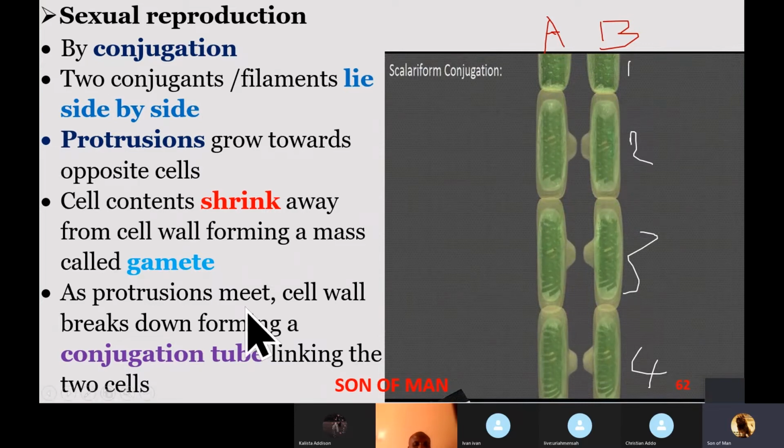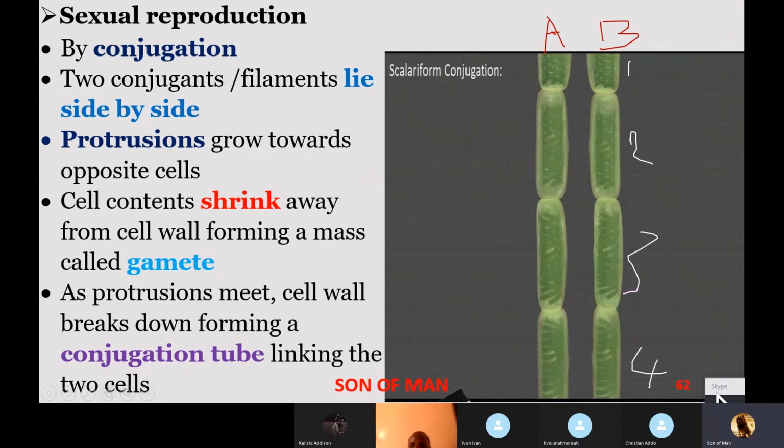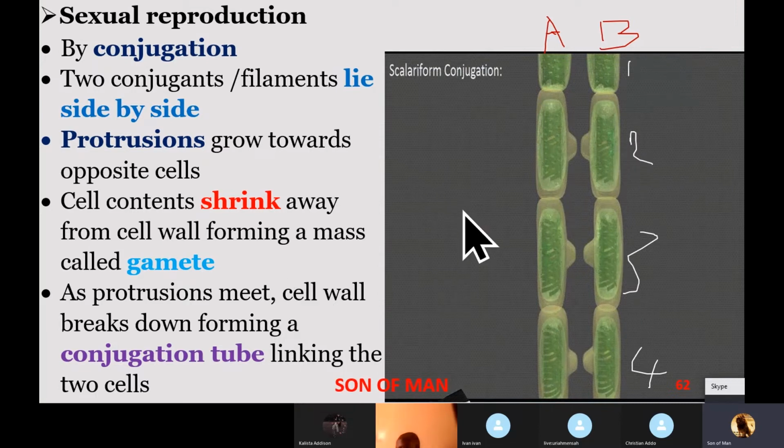So as the protrusion meets, the cell wall separating the two will split open, because initially there was a cell wall. So let me stop it out here. You can see that there was a wall out here, there was another wall out here. And once they meet, that wall must dissolve so that a tube will be formed with a space linking the two cells together.